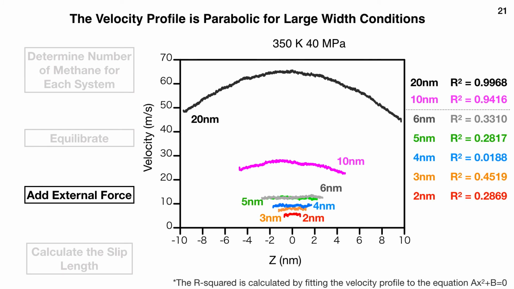We also analyzed the velocity profile for different pore sizes, and the velocity profile is shown like this. We use the following equation to fit and calculate the R squares. As we see from here, the R square is low for the relatively small pore sizes.